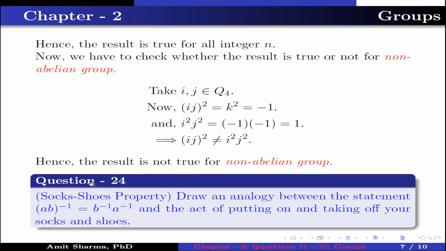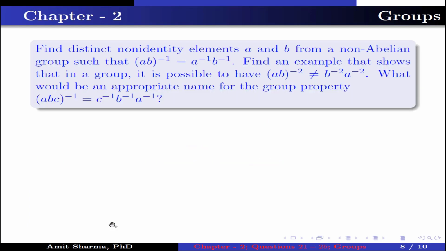Question number 24. Socks-shoes property. Draw an analogy between the statement (ab)^(-1) = b^(-1) a^(-1) and the act of putting on and taking off your socks and shoes. Find distinct non-identity elements a and b from a non-abelian group such that (ab)^(-1) = a^(-1) b^(-1).